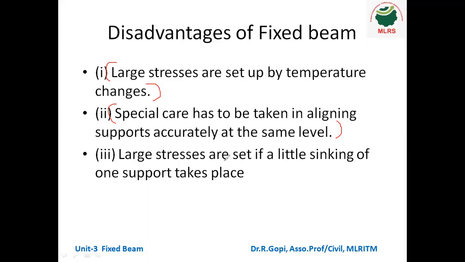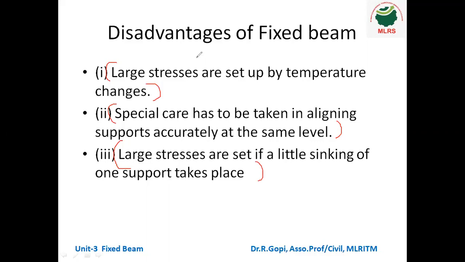Next, large stresses are set up if a little sinking of one support takes place. Suppose a support is sinking. Sinking means the support gets deformed. One support sinks, the other support does not sink. What happens? Definitely the beam will get damaged.